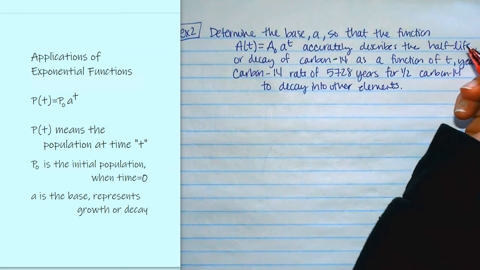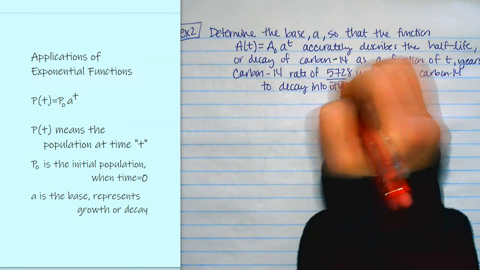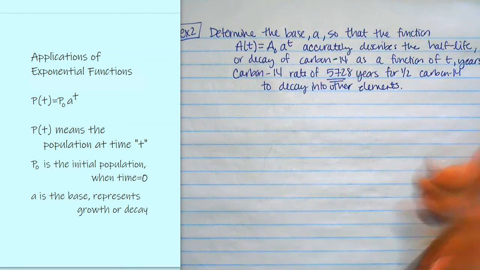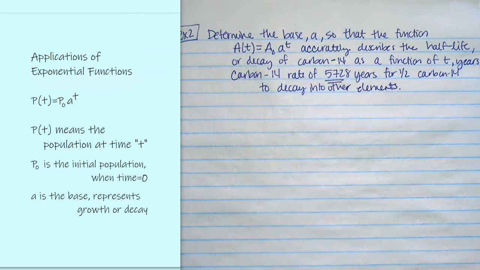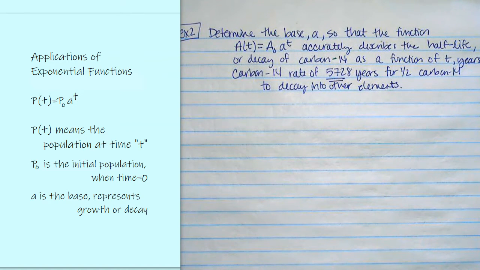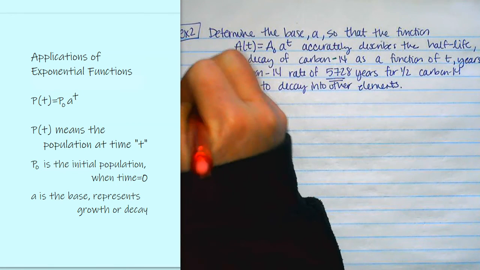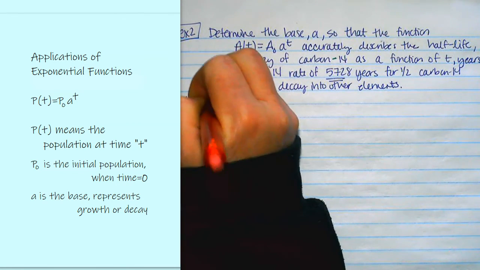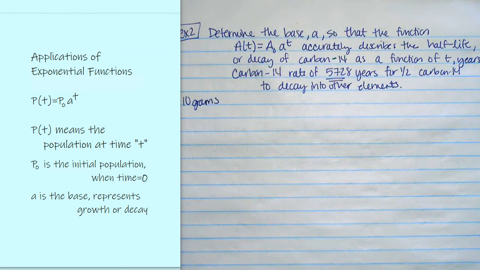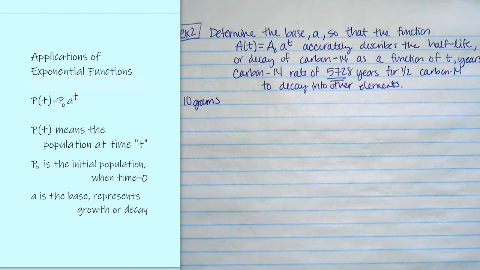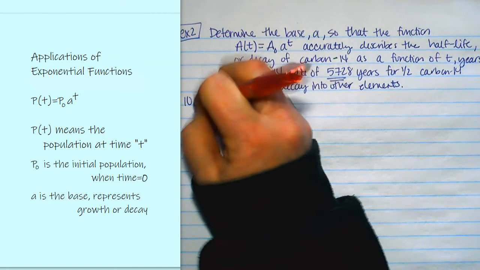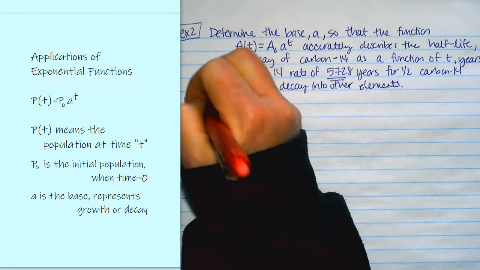So we want to rewrite this idea of how many years it takes into an equation so we can figure out what would happen. So let's think about this. Let's just make up something random. So for example, let's say we had 10 grams of something. So 10 grams of wood. And we're trying to figure out how to rewrite this into an equation.